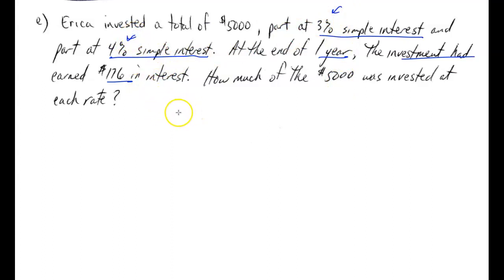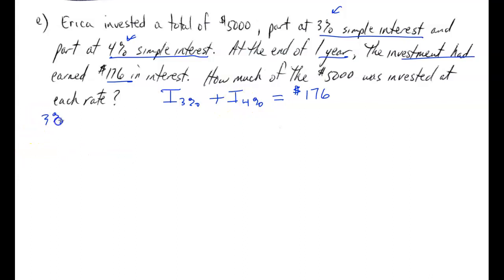So just by reading through that one time, the main thing we got is that there's some interest earned on the 3% investment, and some interest earned on the 4% investment, and that result came out to be $176 in interest if we lend that money out to that investment for 1 year. So what we need to do now is characterize what is going on with the interest for the 3% investment as well as the 4%.